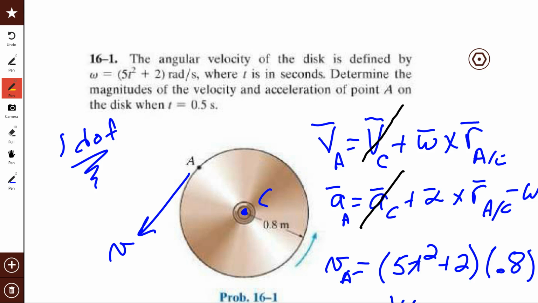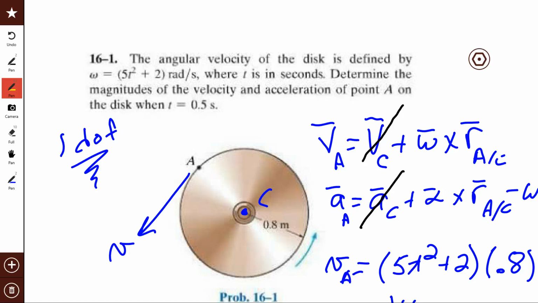Because if you have 3 special points and write 3 equations, the third one will be dependent. You'll be able to take this one plus this one and get the third one. You can do it, right? But I've done it, and every time they are dependent. So 3 special points, 2 equations. What if you have 5 special points? 4 equations. I think you got it now, right? Okay. So I'm going to use that.